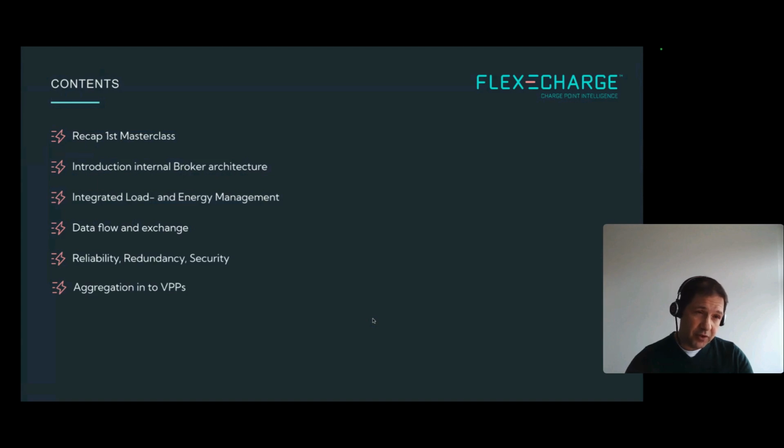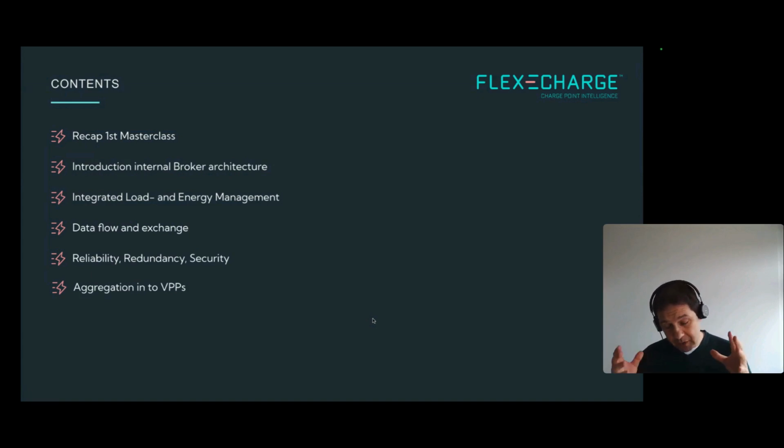Then I'm going to give you a deep technical dive into our broker architecture, so how we have designed it and what have been the ideas behind the design as we have it right now, how our load and energy management solutions are integrated with the broker, and tell a bit about the history, why we have been using a broker, because our core product still is load energy management.